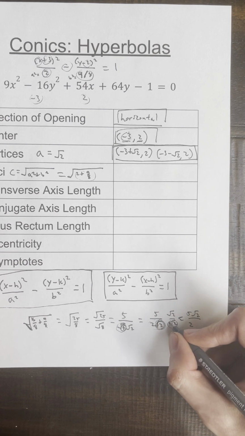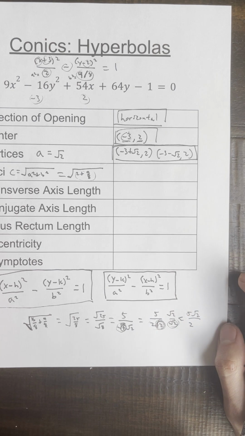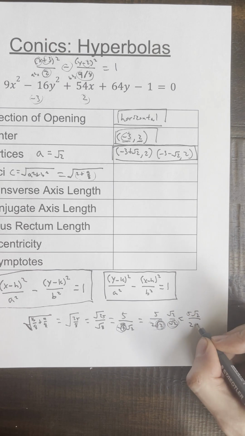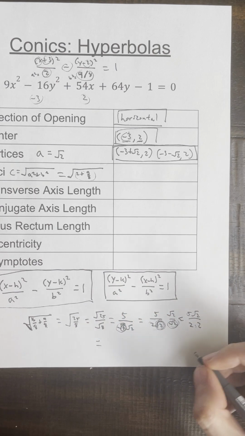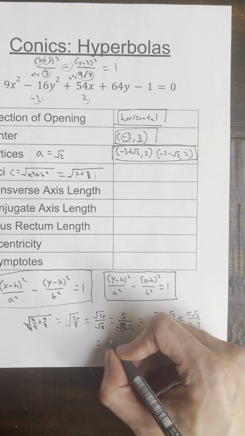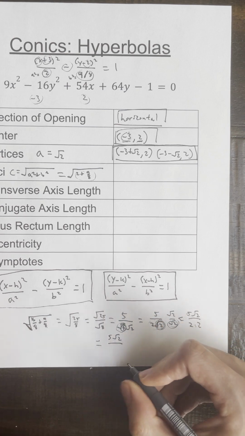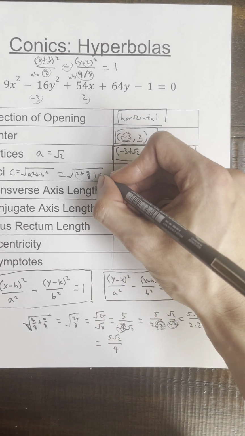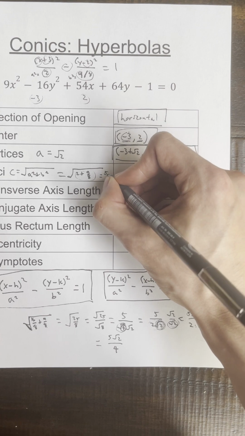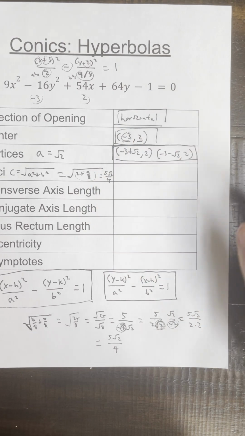And what's root 2 times root 2? That's just 2. Okay. What's 2 times 2? Okay, so that's what c is equal to. 5 root 2 over 4.